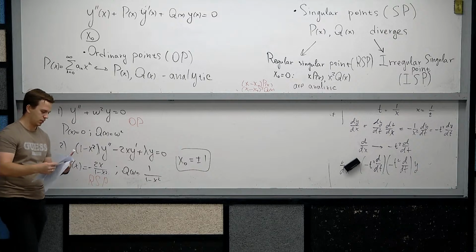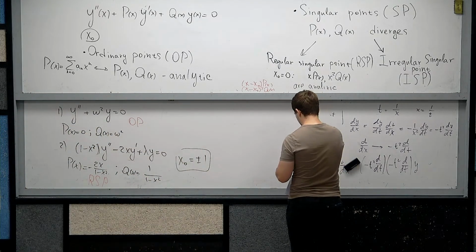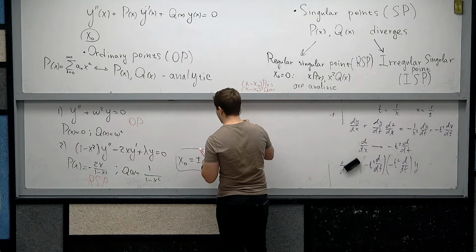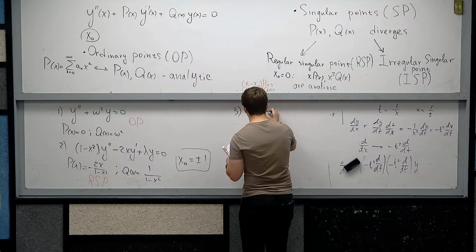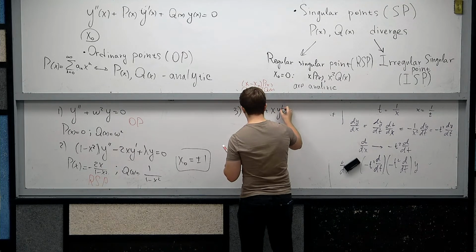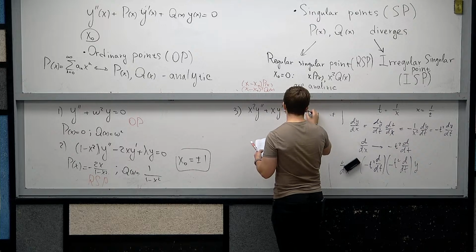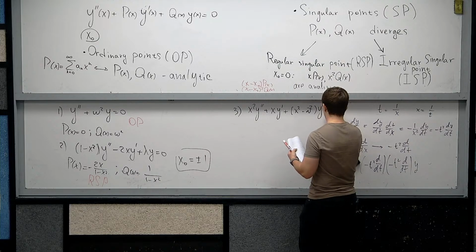The next one is the well-known Bessel equation. It's x squared y double prime plus x y prime plus x squared minus mu squared times y equals 0.